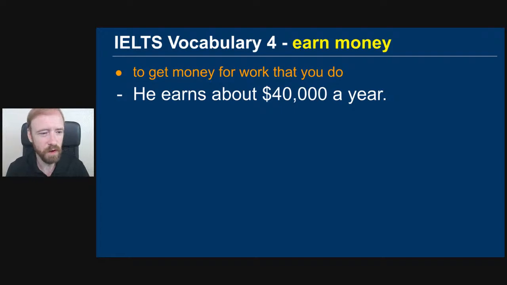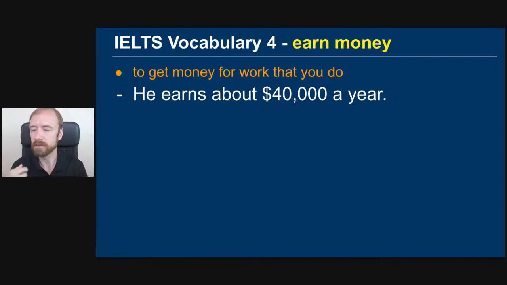All right, let's move on to earn money. In the orange part there, it says to get money for work that you do. He earns about $40,000 a year. So, what is earn? To get money for work. When you earn something, you are working hard to get it.